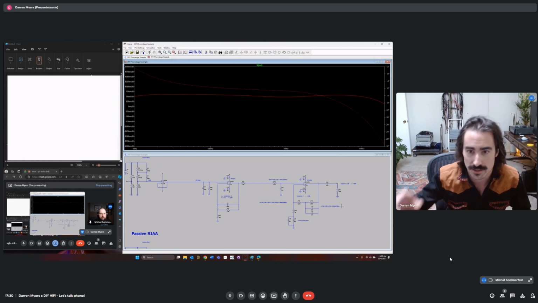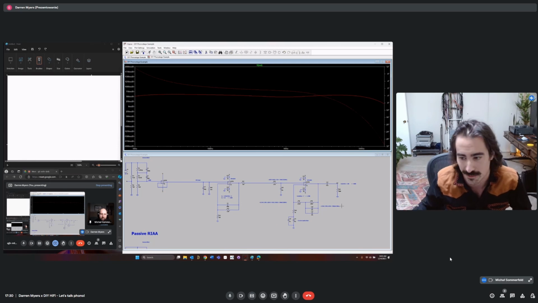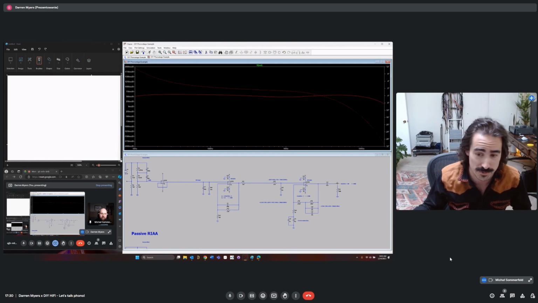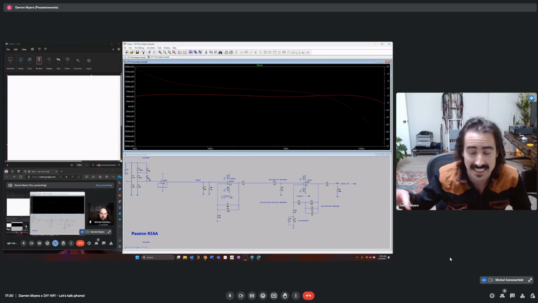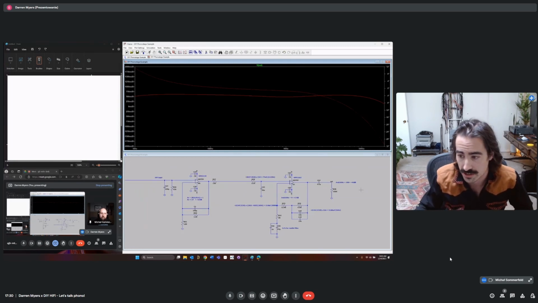Don't get too obsessed with spending a whole day trying to dial in just the right values, because then you build it and it's going to be different. So you want to just get it in the ballpark. If you do have a way of measuring the frequency response and building an inverse RIAA, you can dial it in on your bench.